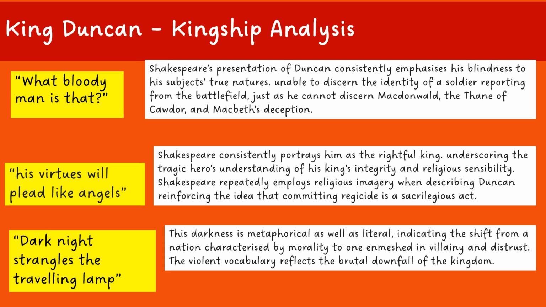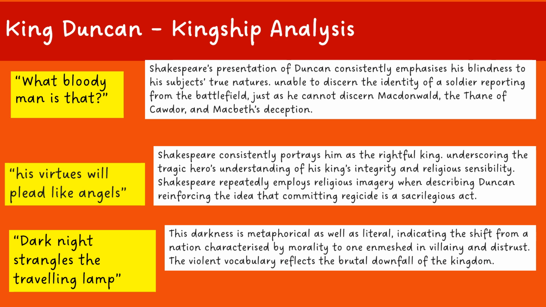And we see that when Macbeth is going through his options of whether to commit regicide or not, and he states that King Duncan's virtues will plead like angels. Here we can see that Macbeth has an understanding of his king's integrity and religious sensibility.